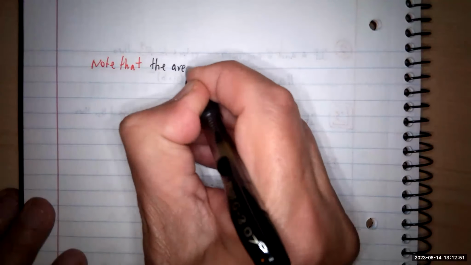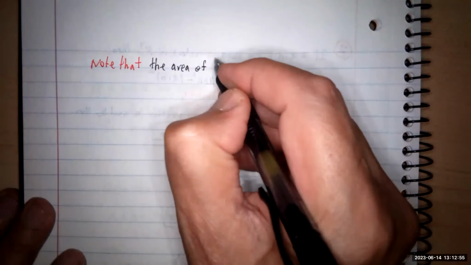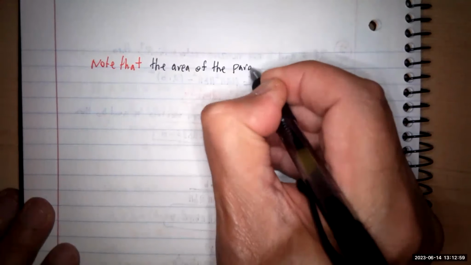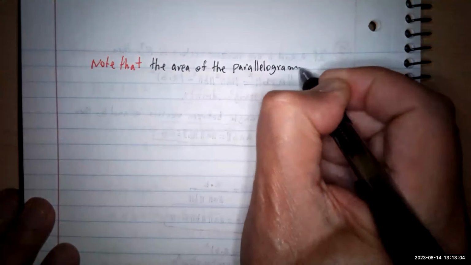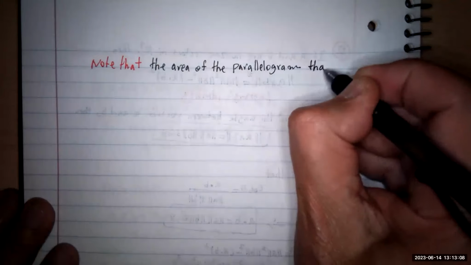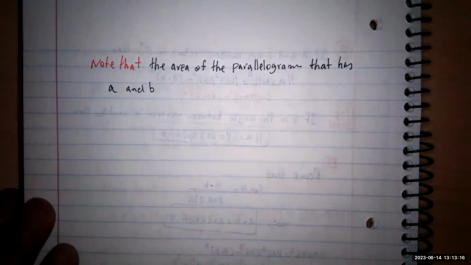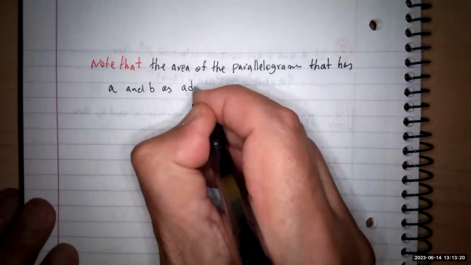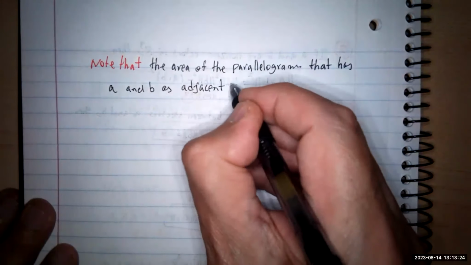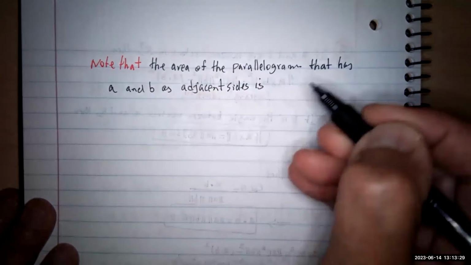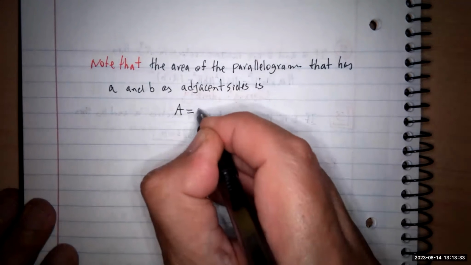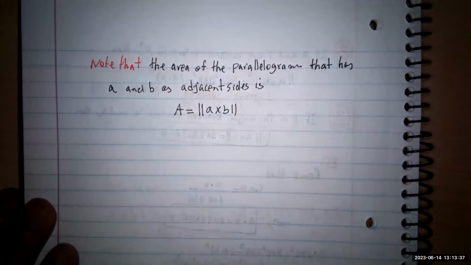So we say, note that the area of the parallelogram that has A and B as adjacent sides is equal to the norm of A cross B. And that would be very important for you.